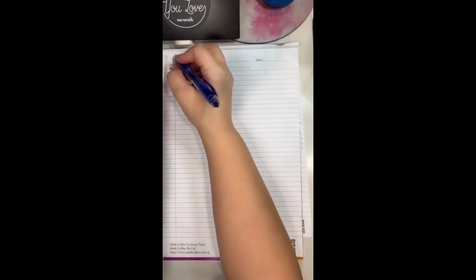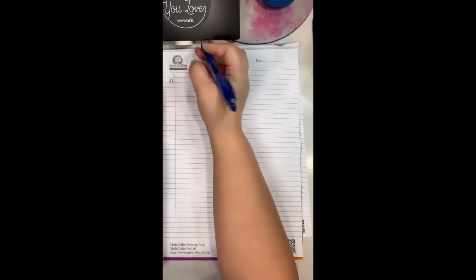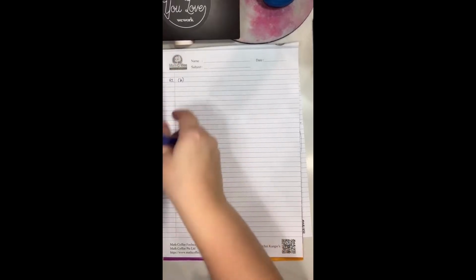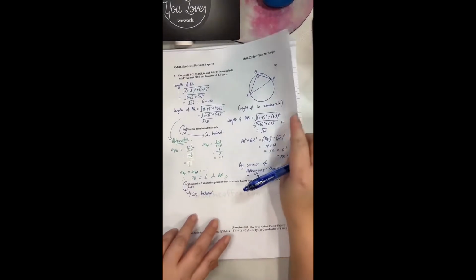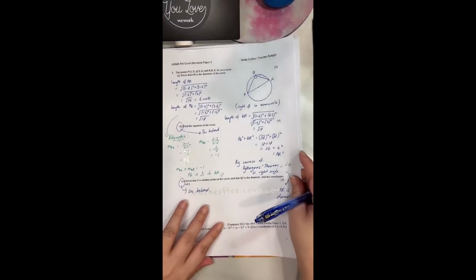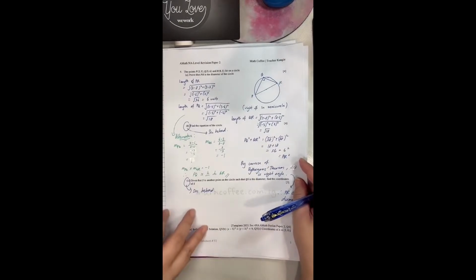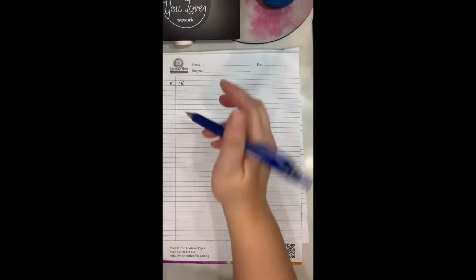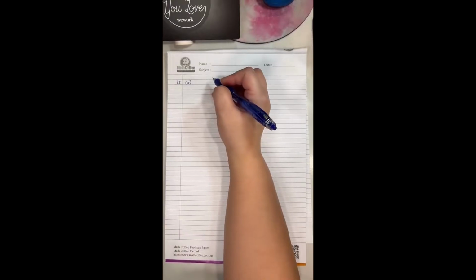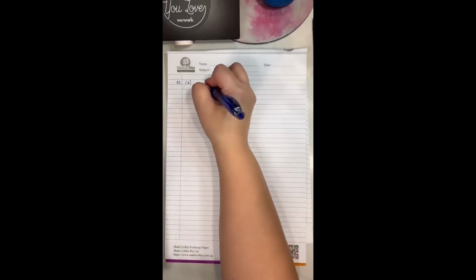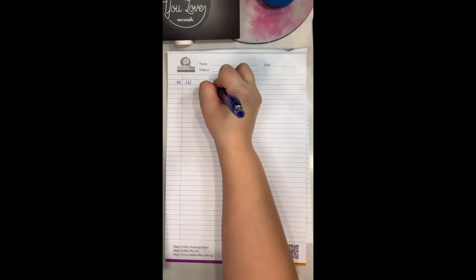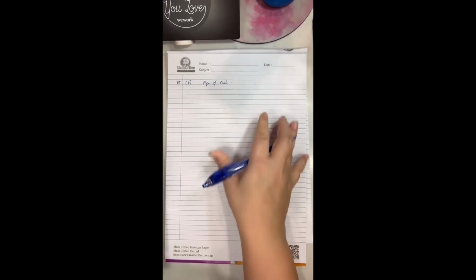Okay, this is question number 5, part B. They ask to find the equation of the circle. When you want to find the equation of a circle, let me just recap a little bit about the format of the equation of a circle.